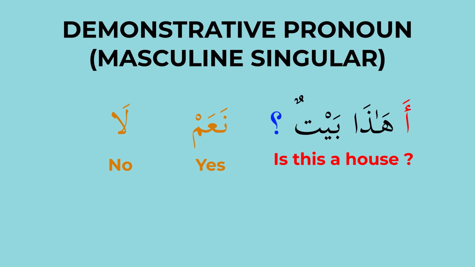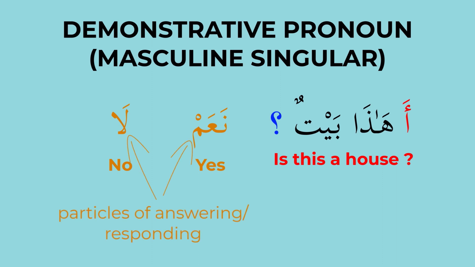Okay, brother, what is naam and la? What are they? Are they nouns? Are they verbs? What are they? It's a harf. Harfu jawab. Particle of answering. And what is la? Harfu jawab. This is also particle.